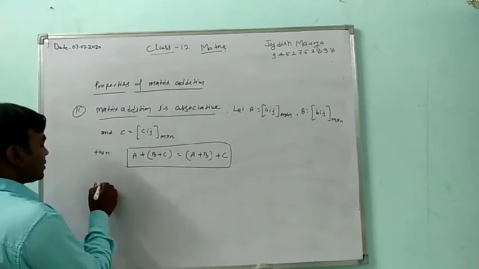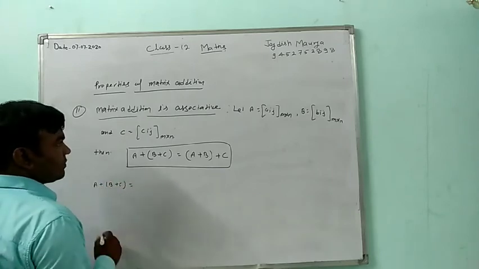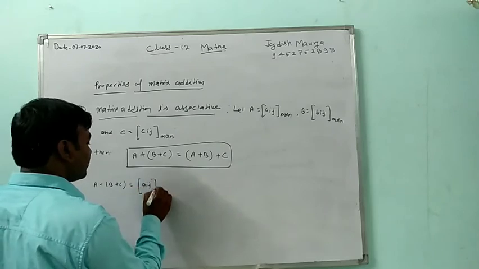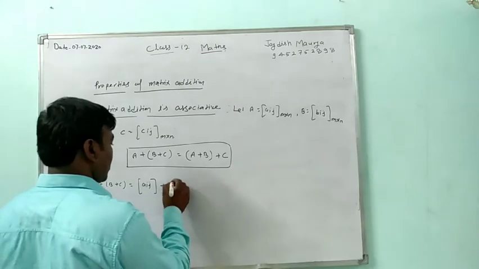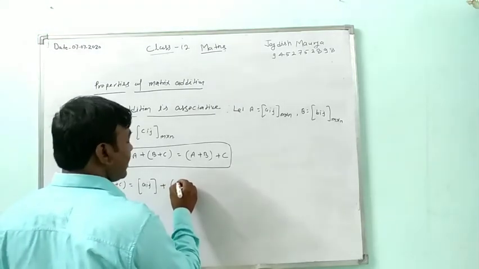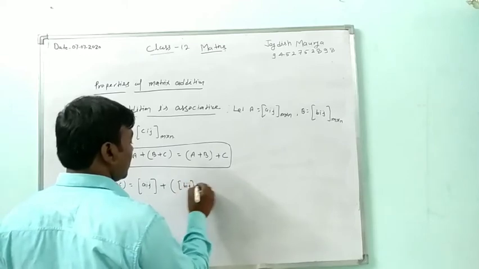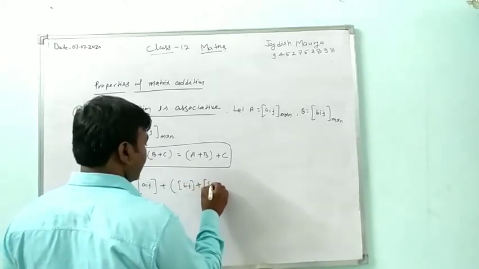A plus B plus C, this will come Aij plus Bij plus Cij.